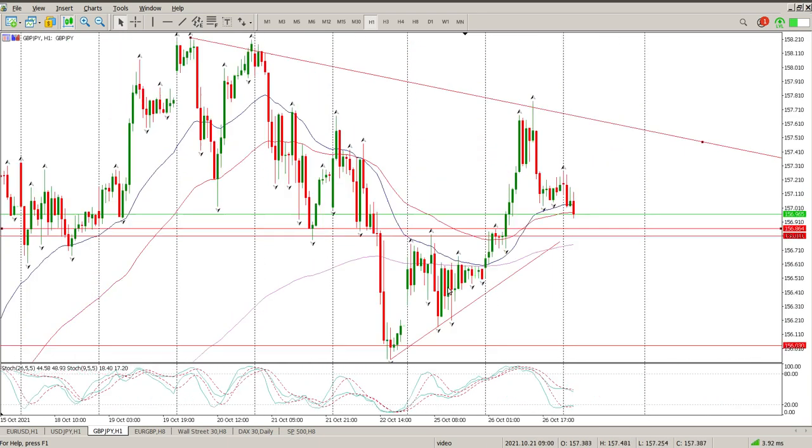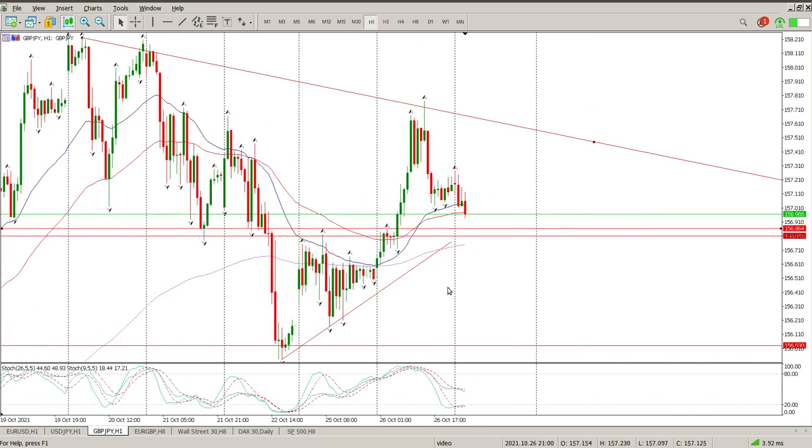The previous trend was up, so what we're looking for is some kind of structure here in this consolidation phase to get us long again. I would assume it's going to be somewhere in the area of 156,864, or alternatively the 156,800 area, somewhere down here.